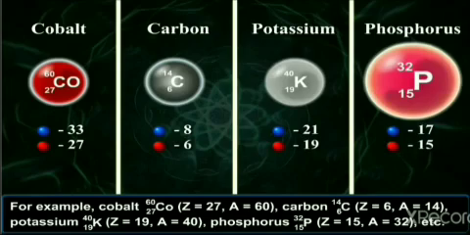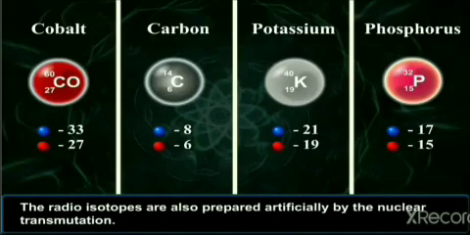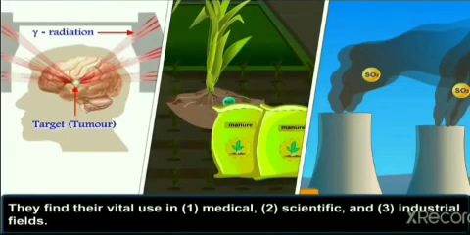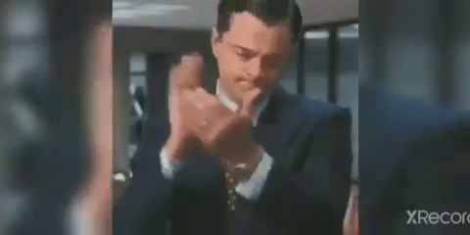Phosphorus, P-32-15, Z is equal to 15, A is equal to 32, etc. are the radioisotopes. The radioisotopes are also prepared artificially by nuclear transmutation. They find their vital use in 1. Medical, 2. Scientific, and 3. Industrial fields.